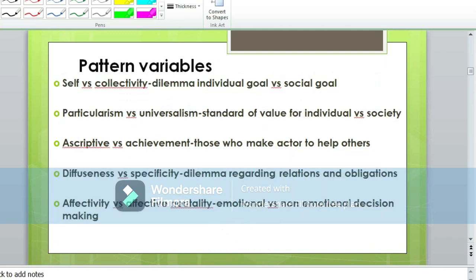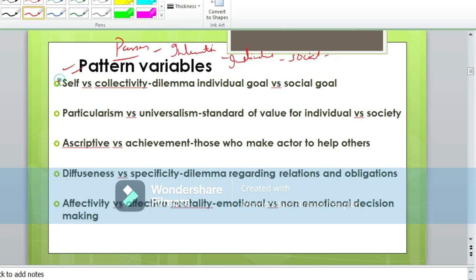Now the next part goes as the pattern variables. So what are pattern variables, friends? Parsons also gave the concept of society integrating at different levels. He also said that society works when there is interaction of dilemma between the individual and the social sphere.